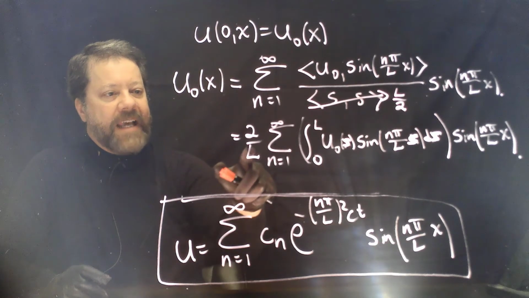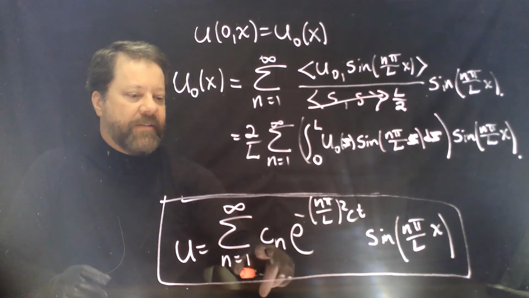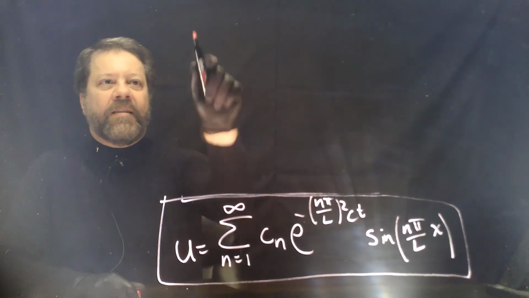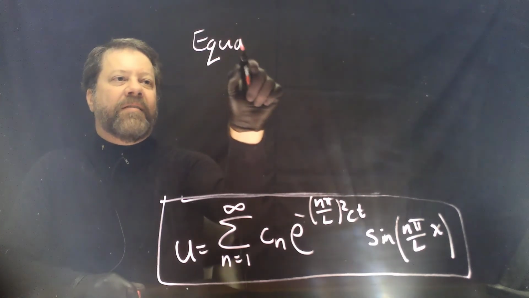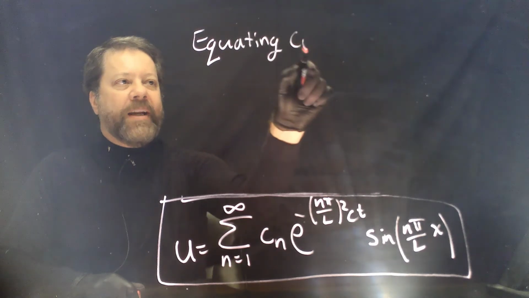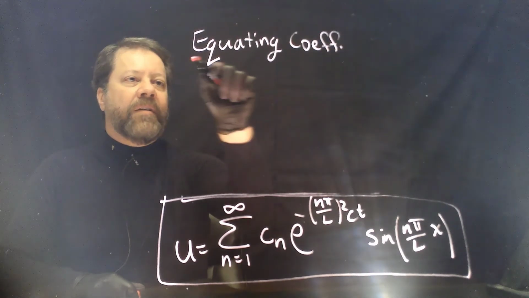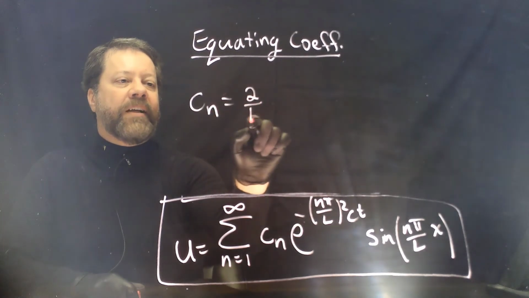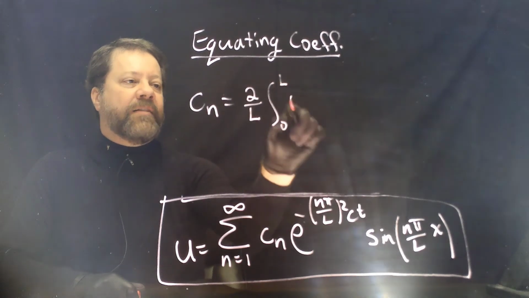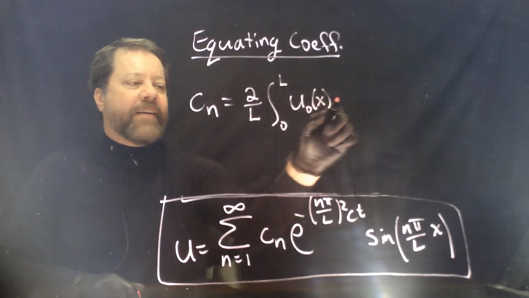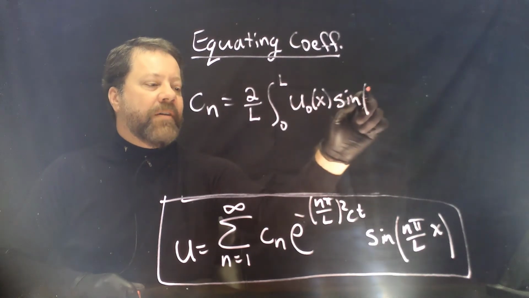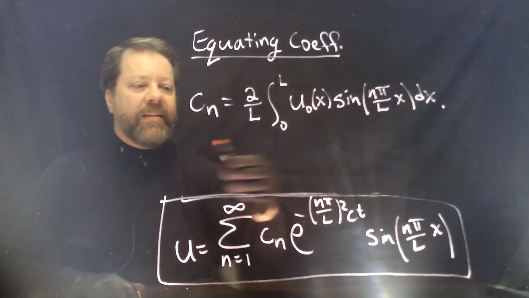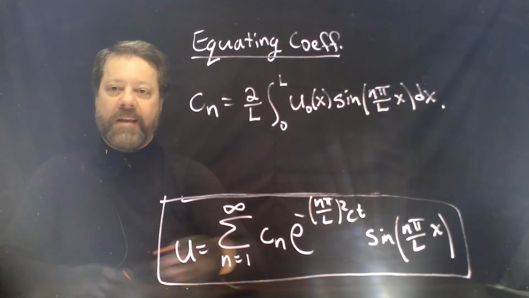If the initial data has these as coefficients, then the Cn must be 2 over L times these integrals. So in other words, equating coefficients, which you may do for Fourier series, we see that Cn is 2 over L, the integral from 0 to L of the initial data, u naught of x, times the sine function n pi over L x dx. This will give you these constants right here, so the initial data will be satisfied.